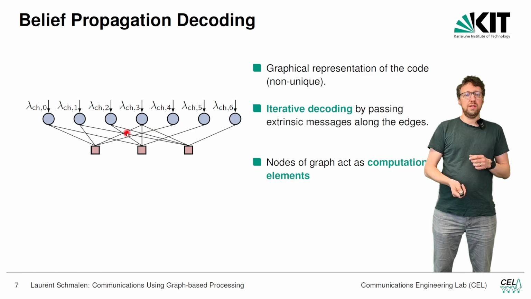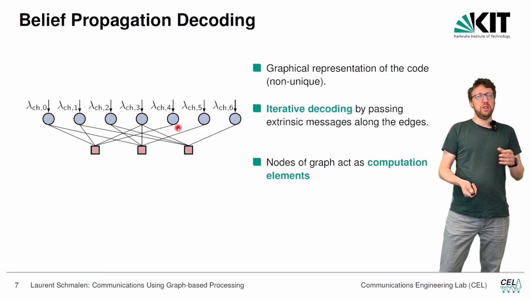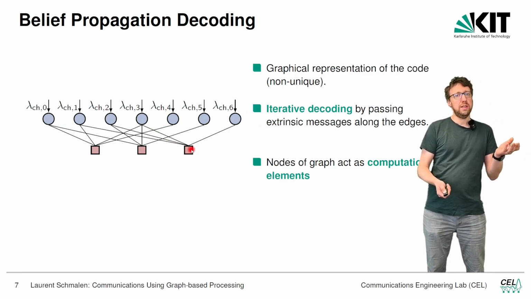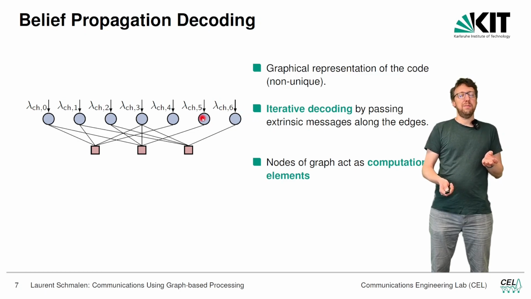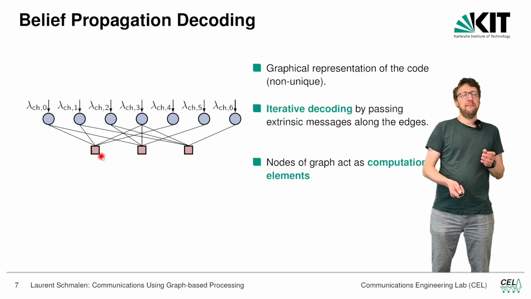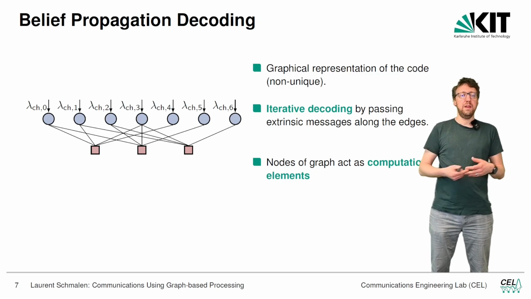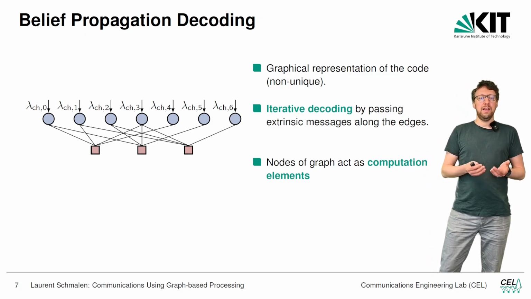We have two different types of nodes, which means two different types of computers. These nodes calculate some messages and pass them along the edges to the other nodes. These nodes again compute some messages and pass them back. And we repeat this process back and forth until we converge to a result.